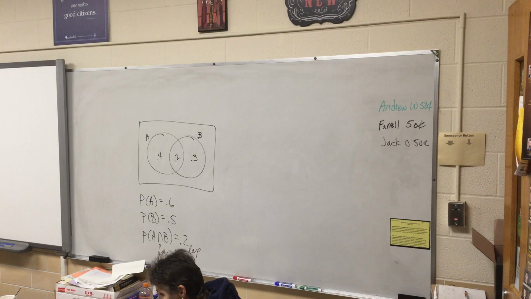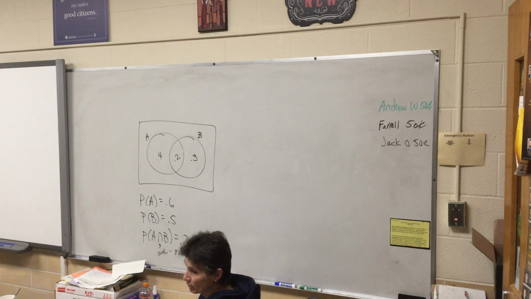Now, in any probability situation, what do all the probabilities have to add up to? The total probability in any case is what? Okay, if I tell you the probability, exactly 100, perfect.